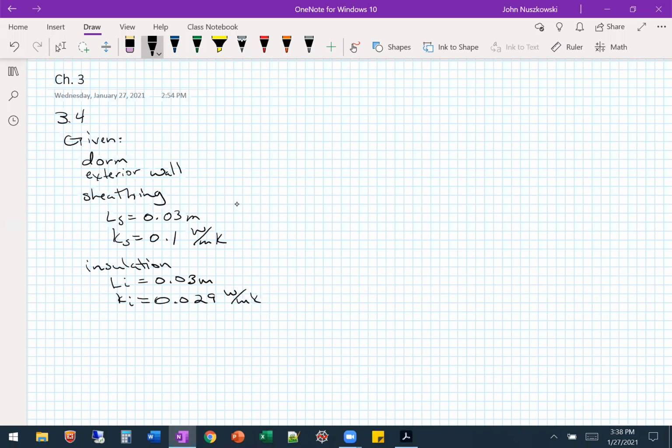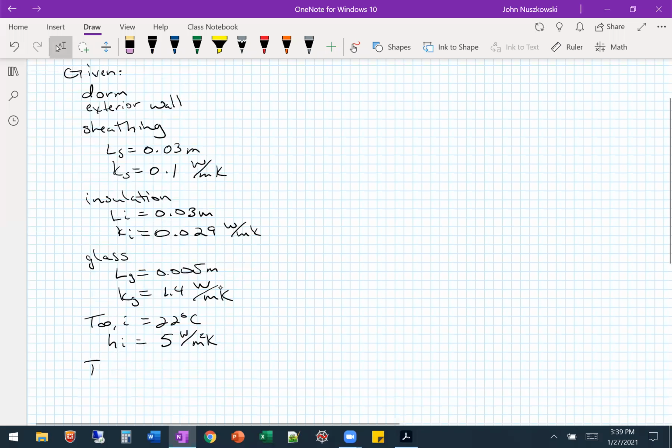And then we have some glass, architectural glass, which is a thickness of 5 millimeters, and a k of 1.4. We have T infinity inner is 22 degrees Celsius with a convection coefficient of 5 watts per meter squared Kelvin, sorry.